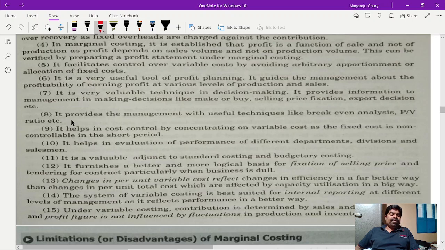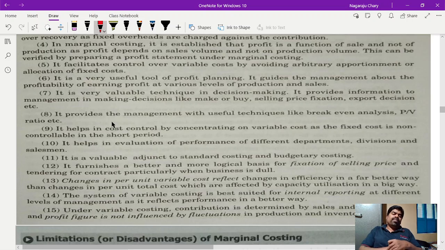Okay, next you see it provides the management with useful techniques like break-even analysis and profit volume ratio. Break-even analysis is a part and parcel of marginal costing.